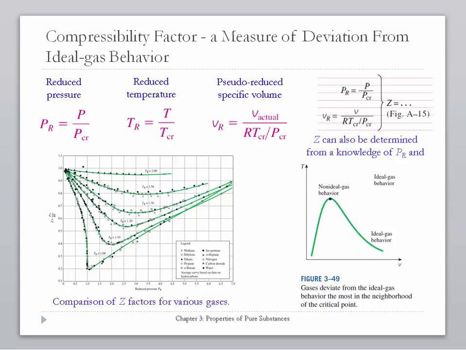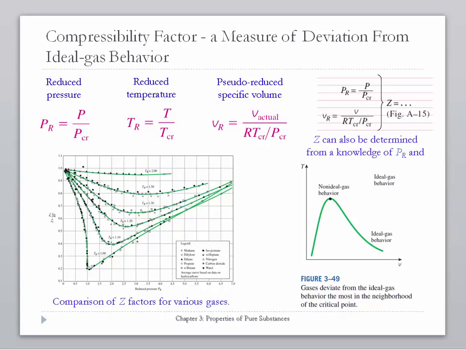For example, PR, the reduced pressure, is the pressure that you're using divided by its critical pressure. And we do the same definitions for temperature. For volume, we have the actual value divided by the volume that you would get using the critical values and the ideal gas law equation. If you notice, that's the ideal gas law, and simply instead of using T and P regularly, we use the critical value for each of them.